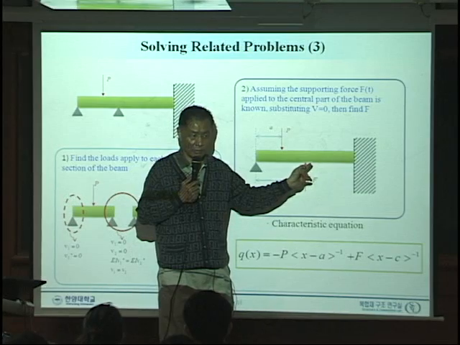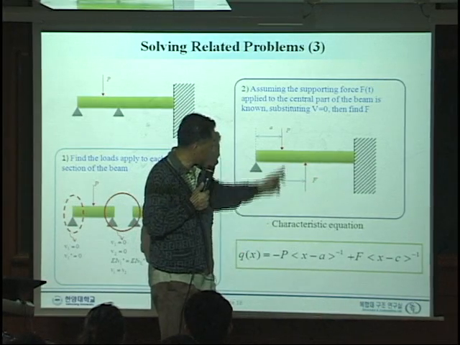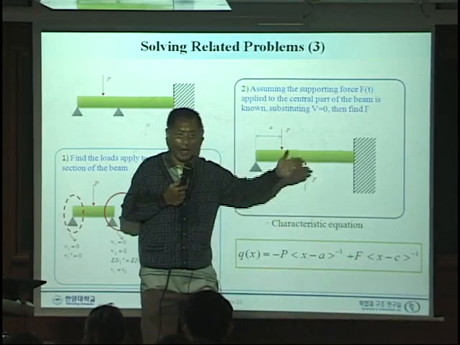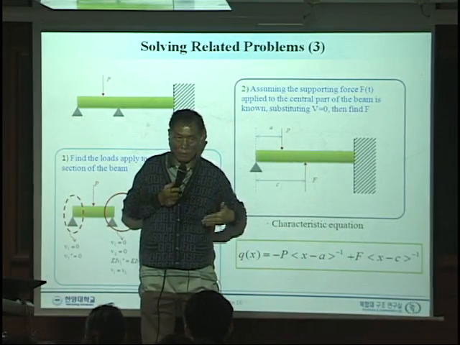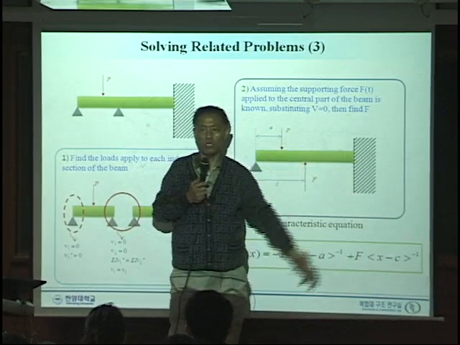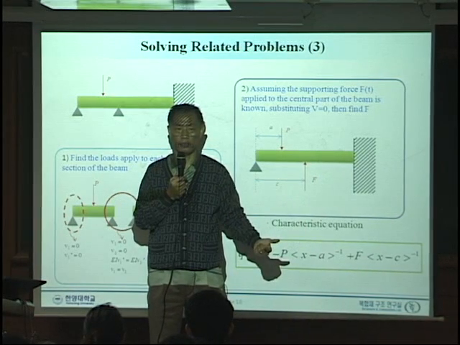Can we? Yes, we can. First of all, we express this P and F using singularity function, and we integrate 4 times. We get this, and using these two conditions, we can obtain beam deflections.